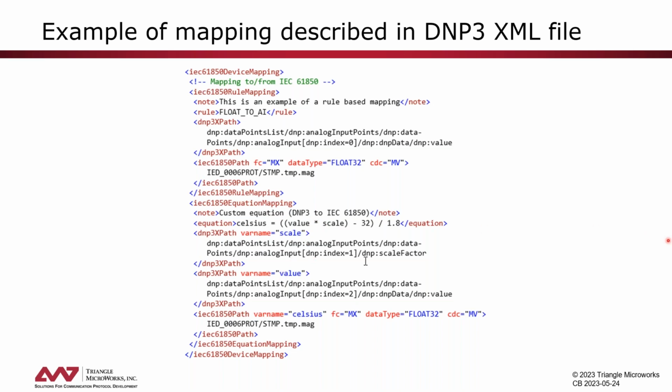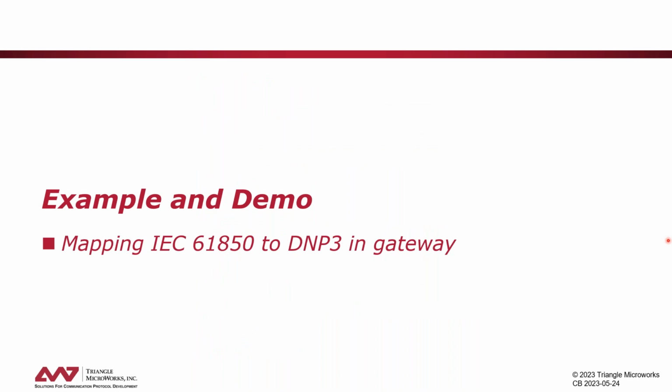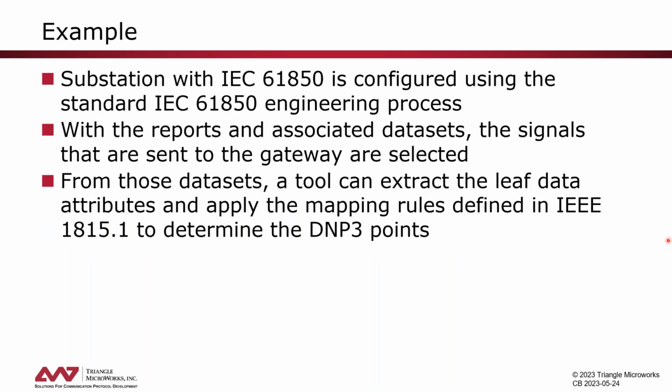Okay, with that, we will go to a second example and demo. The example is how we map 61850 to DNP3 in a gateway. In this example, we assume we have a substation with IEC 61850 that was configured using the standard 61850 engineering process.